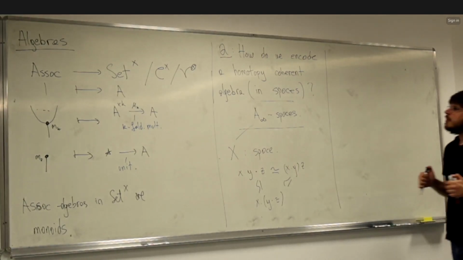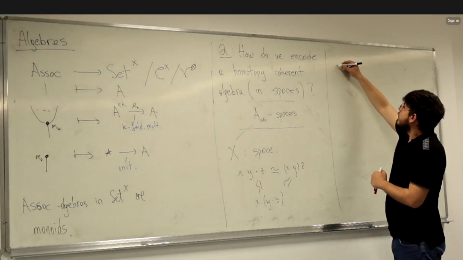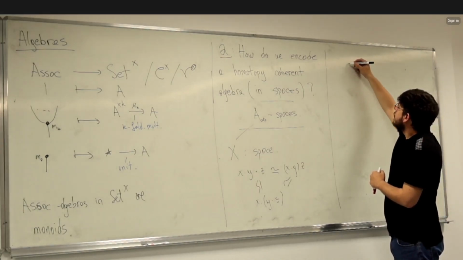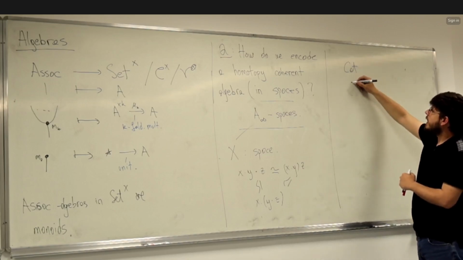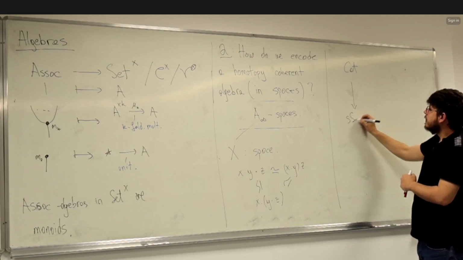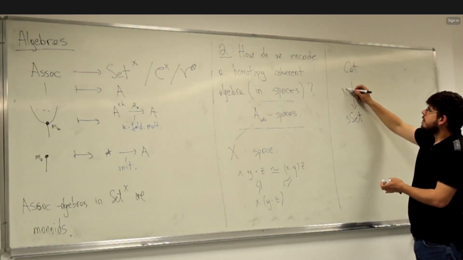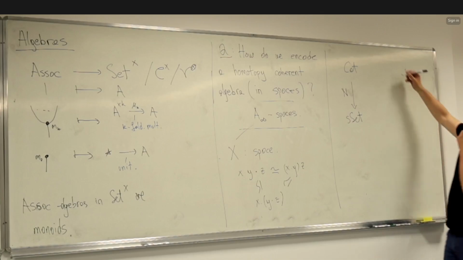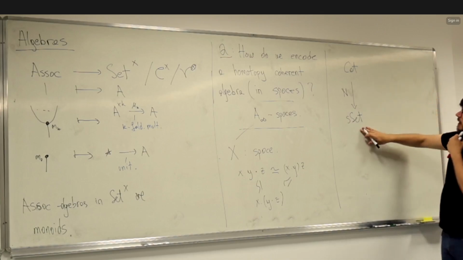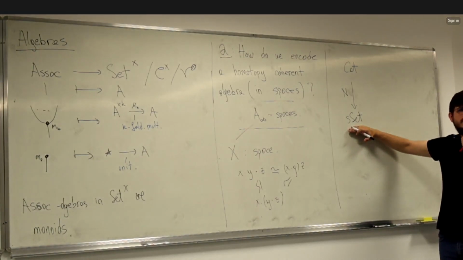Okay, so what we have seen is, for categories, we have categories, and we have simplicial sets, and we have our nerve construction, and now infinity categories can be modeled as quasi-categories.